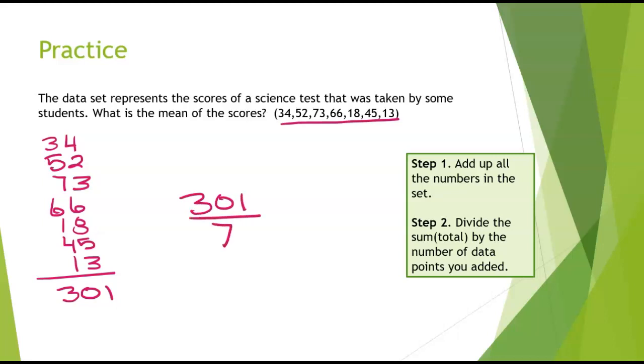I'm going to put that in my calculator. And you should get, I hope you guys are doing this together, 43. So our average score for the test is 43. This is our mean.